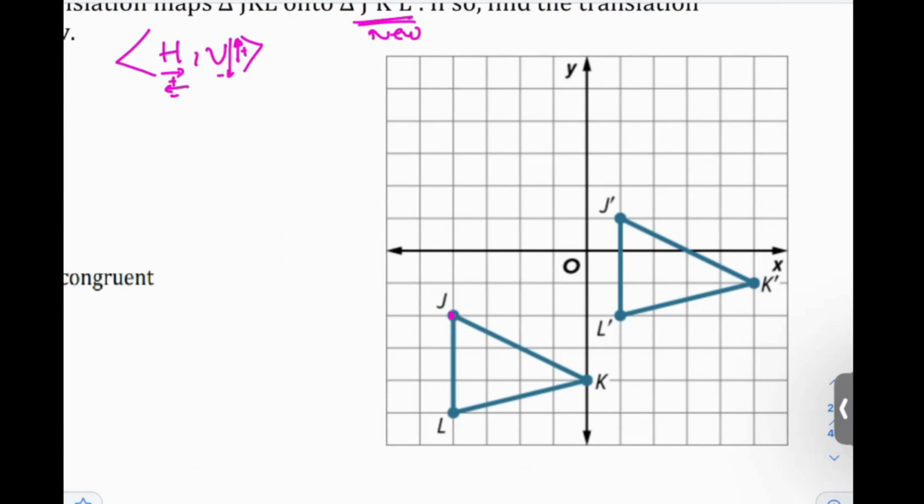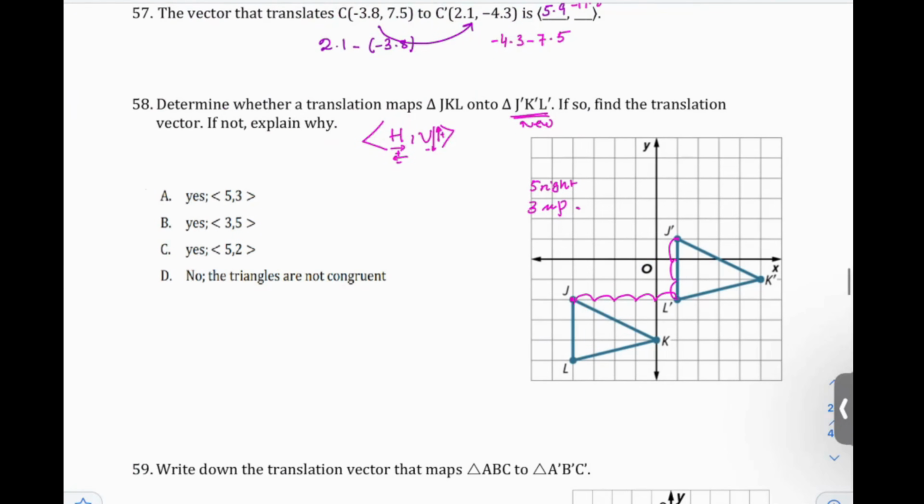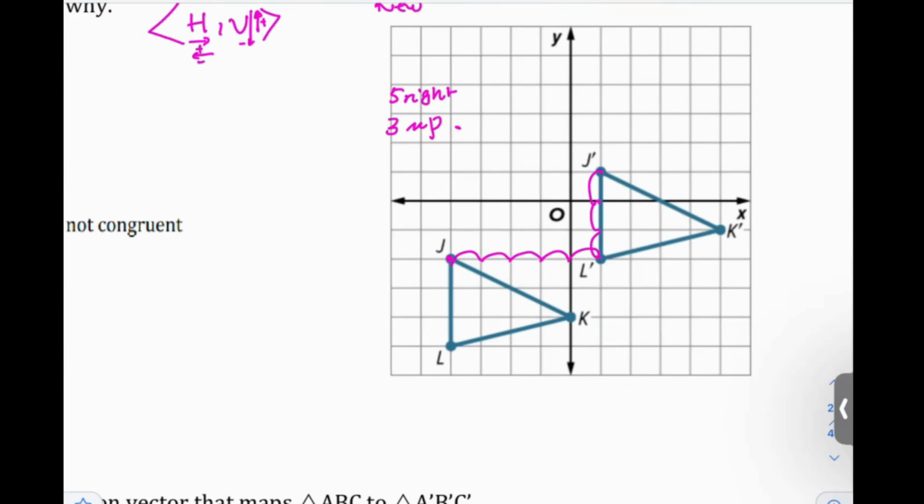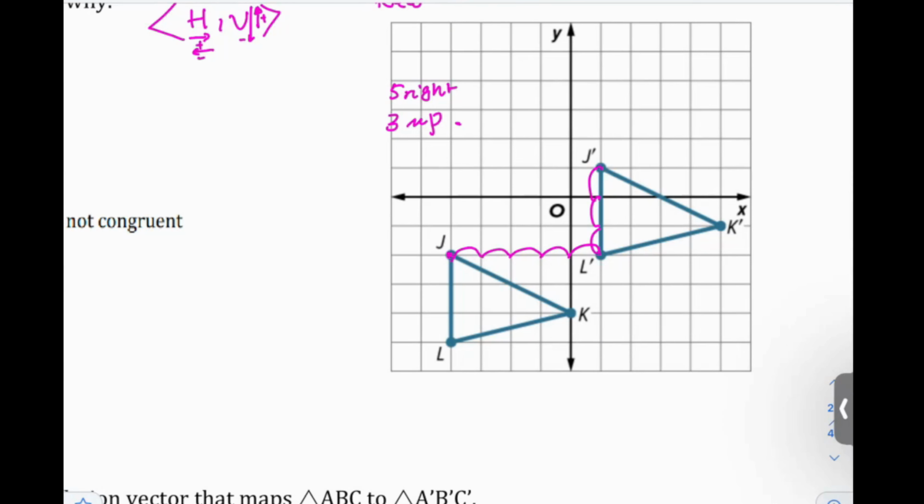So from here to here, you can count 1, 2, 3, 4, 5 to the right. So 5 right. And 1, 2, 3 up. So 3 up. How can we know if there is a translation? If all the points have been moved equally, then a translation happened.